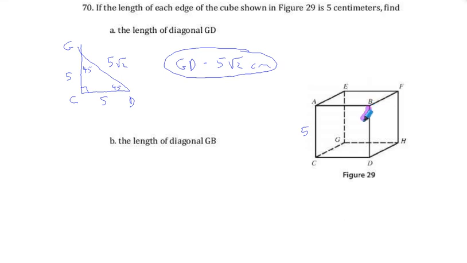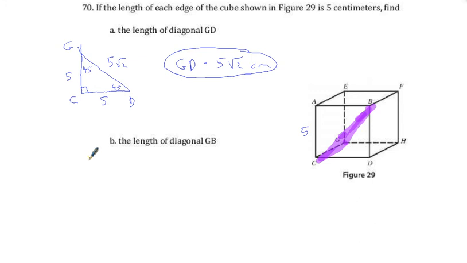So this is the diagonal that they're looking for, connecting the top corner closest to you to the bottom corner furthest away. And so I'm going to come across here, and then I'm going to connect up to B from C. So this triangle is kind of on its side, but into the cube, which is going to change up some things for us.